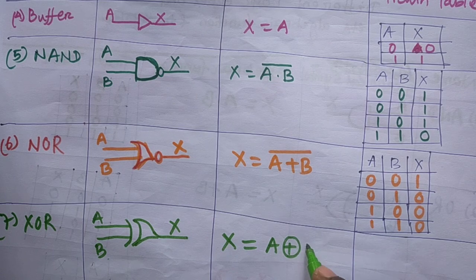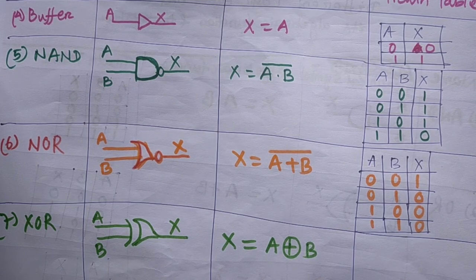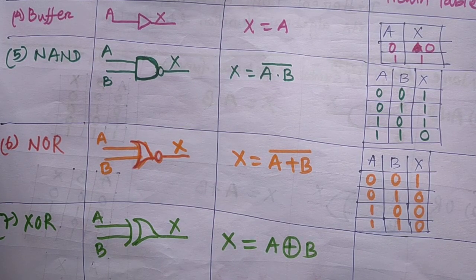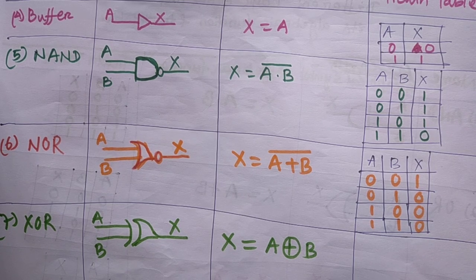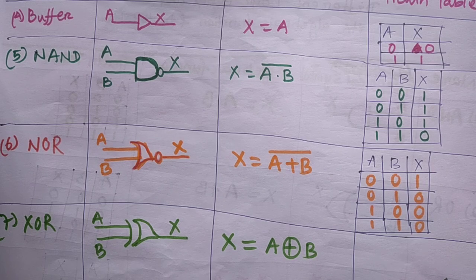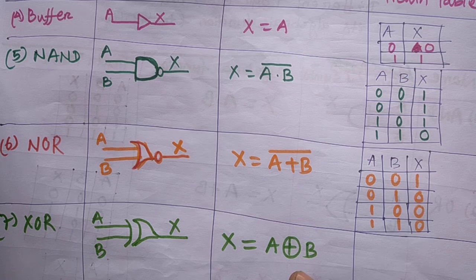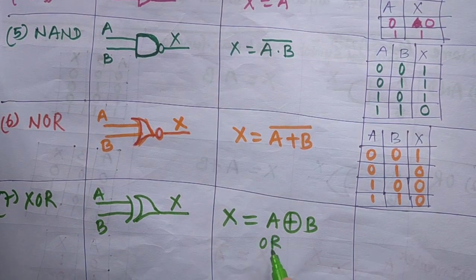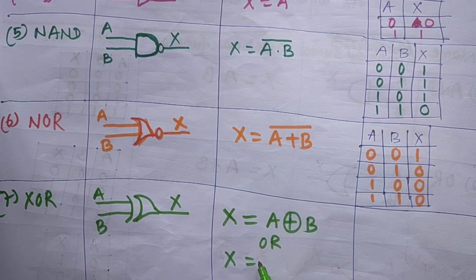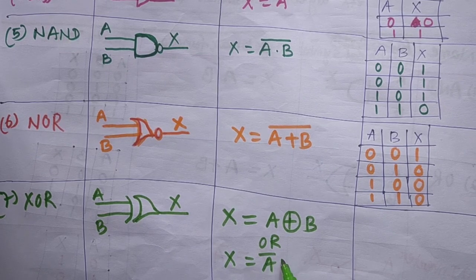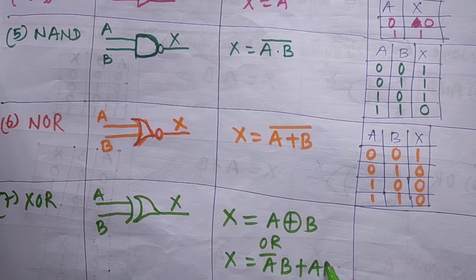Whenever we go through the algebraic function, we define XOR as X equals A direct sum with B. Previously, for OR, it was A plus B, but here it is the direct sum. Another way to define it is X equals A complement B plus A B complement.